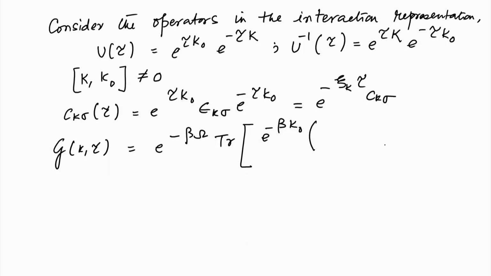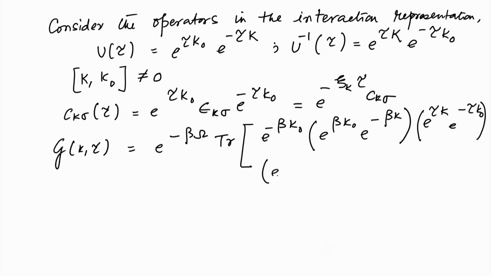We have just introduced exponential beta K 0 and exponential minus beta K. So, we have introduced exponential minus beta K 0 and exponential plus beta K 0, and then exponential tau K, exponential minus tau K 0, and again exponential tau K 0, c k sigma, exponential minus tau K 0, exponential tau K 0, exponential minus tau K, and c k sigma dagger.